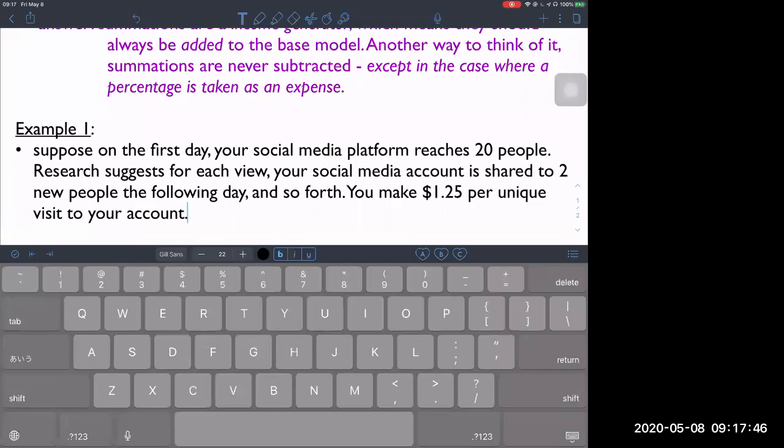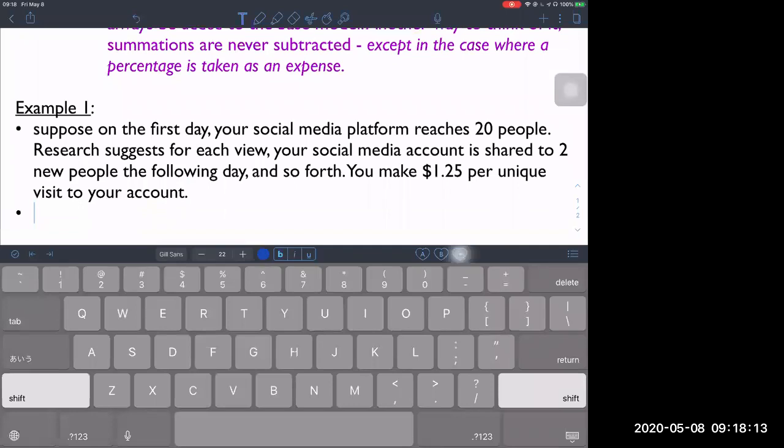Okay. Sure, the language is a little bit different. I may be talking about a website, a social media platform, a post, whatever the case, but you can know that this is indeed a summation-based problem because you can see there is some type of growth factor discussed. There's some kind of beginning point, and then there's some kind of monetary value, okay?